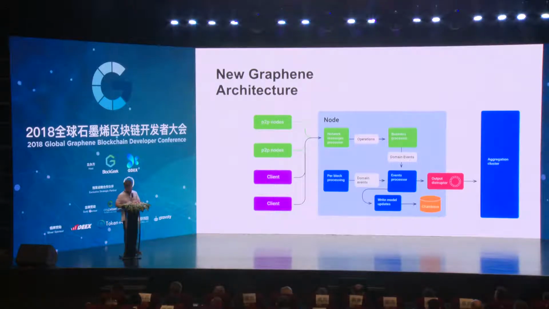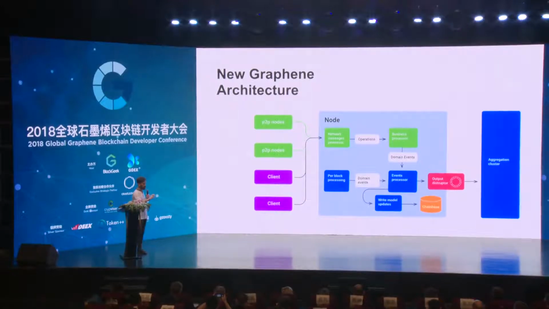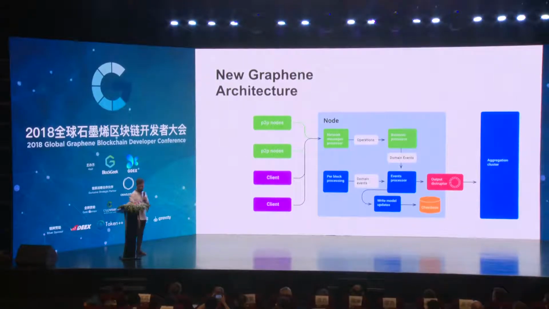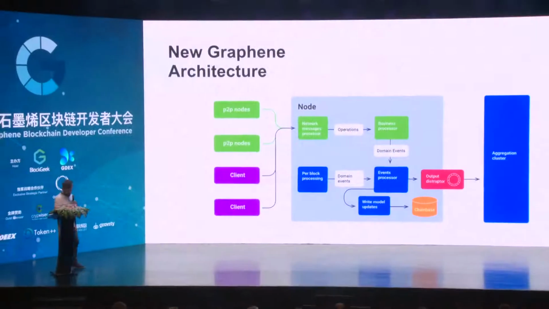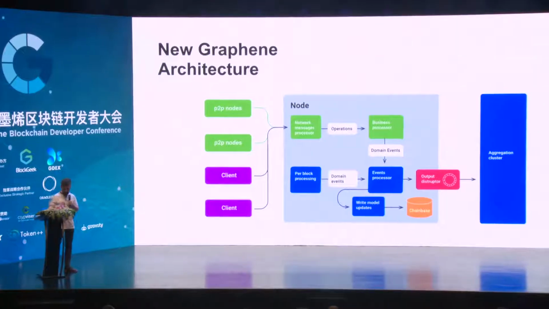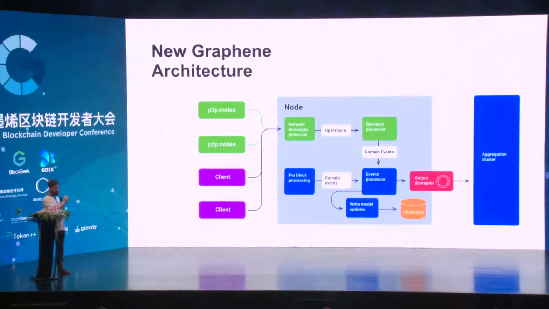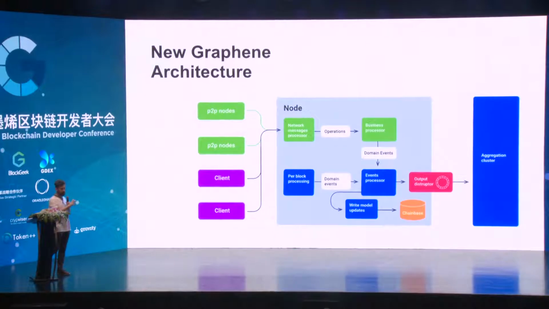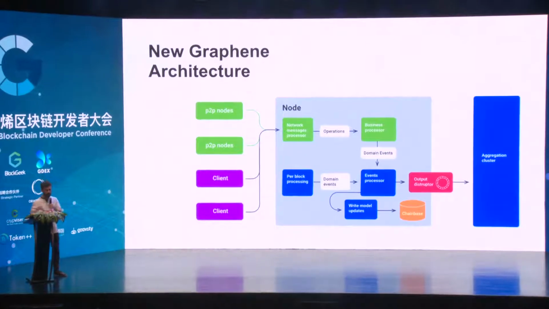Once it's done, the Graphene Business Processor will only keep the data which is required for write operations. All read operations will be moved to the aggregation cluster. And not only will less data be in the business processor, there will be much fewer operations applied.